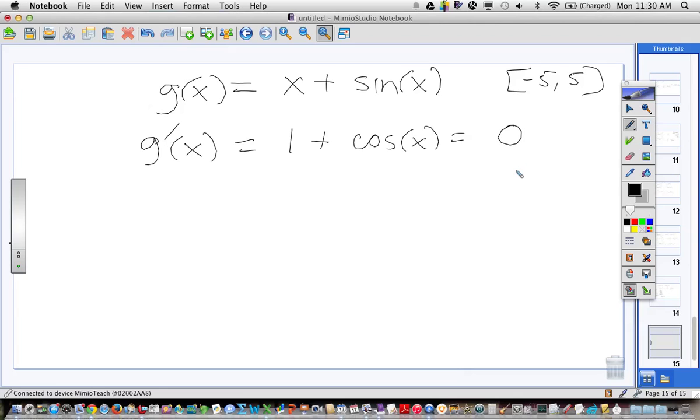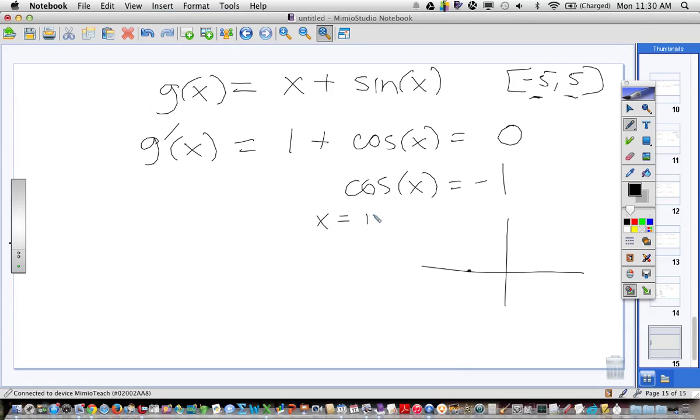This would be no calculator, by the way. So it's time to know your trig stuff, right? Not on this quiz Wednesday, but the next one. So we're going to subtract 1 from both sides. Where does cosine equal -1? Pi. But we got to be careful now because of that -5 to 5.